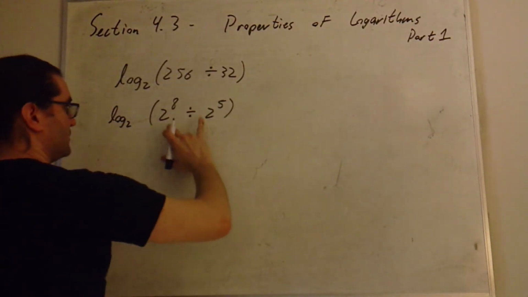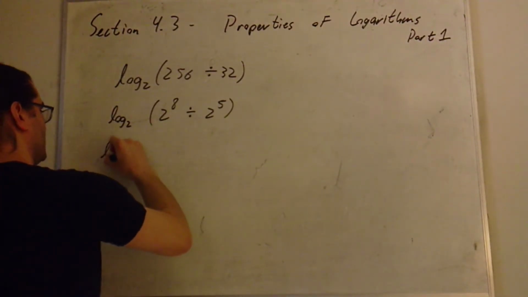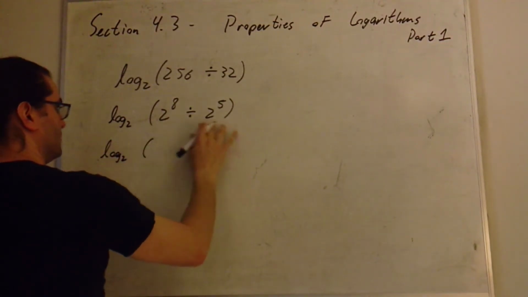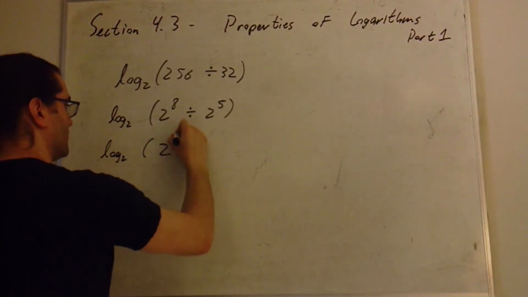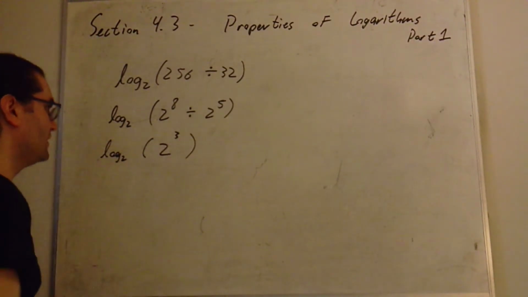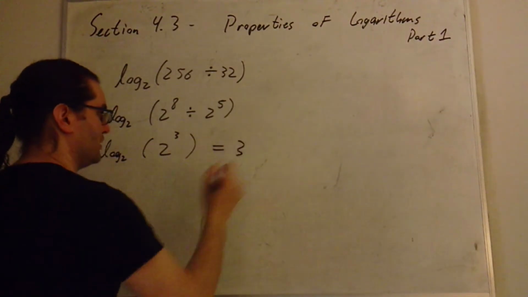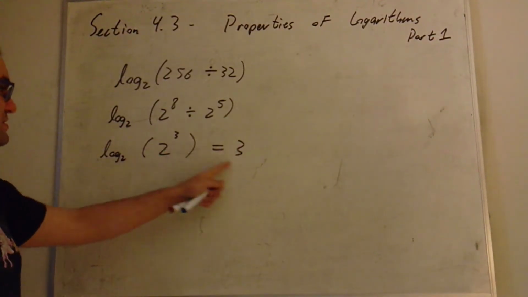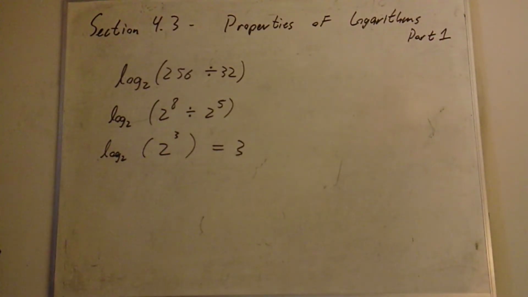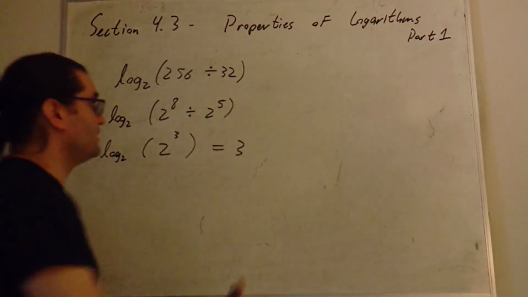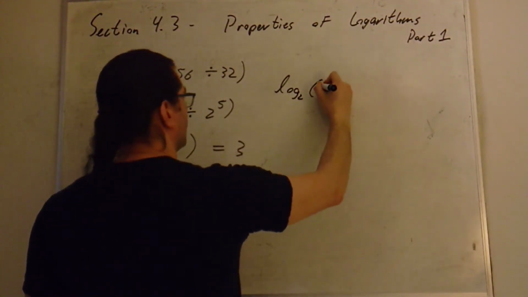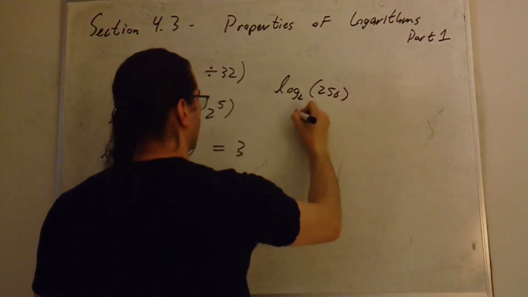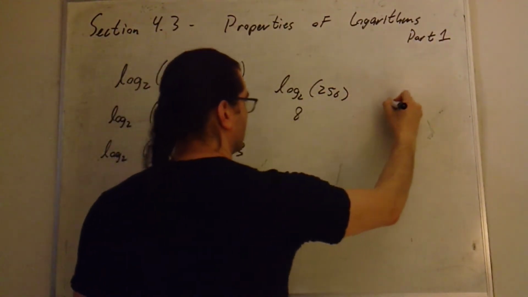Once again, I can use properties of exponents here. Division between exponents is the same as subtraction inside the exponent, so I'll call that 2 cubed. And I think it should be pretty straightforward that this is just 3. Once again, we have this property that if I did these things separately, this would give me 8.